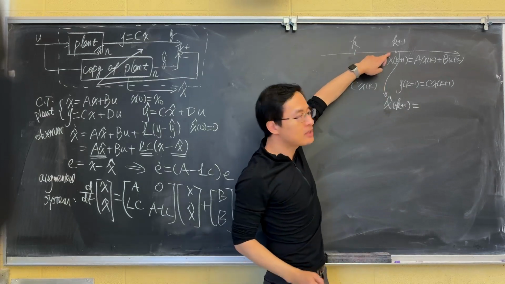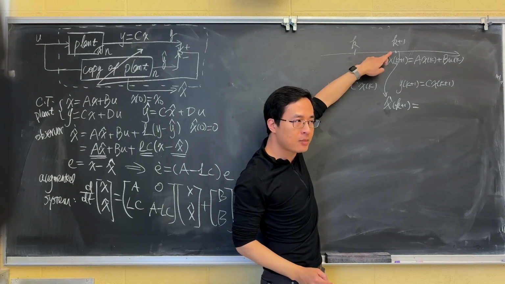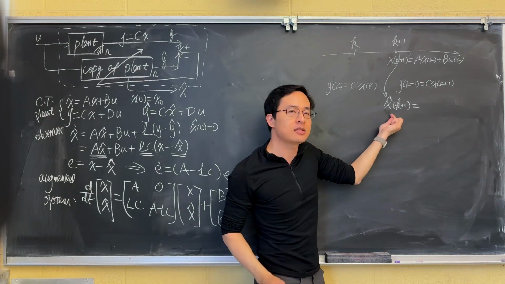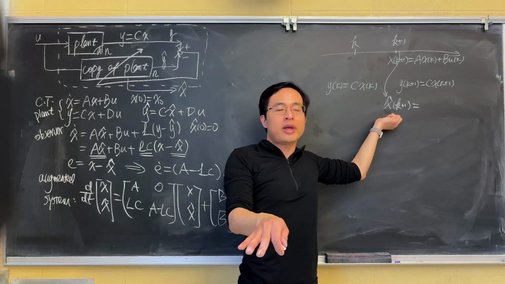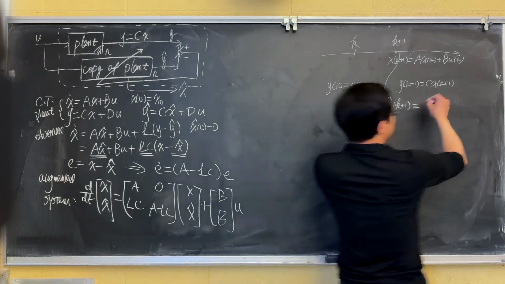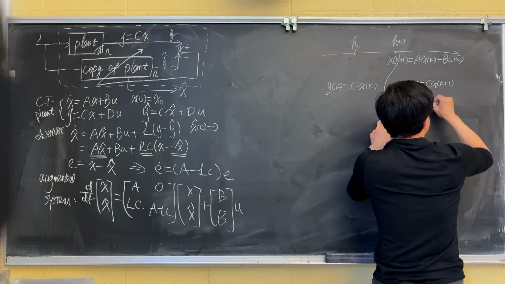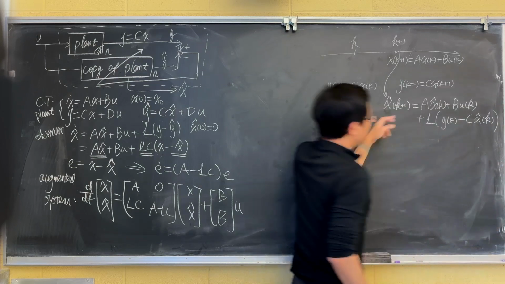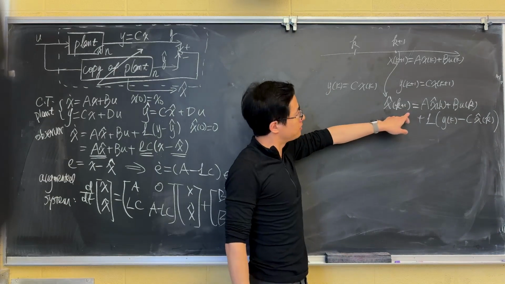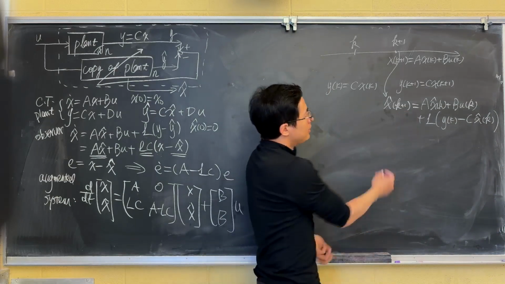Okay? So after this time, index k plus 1, I want to do this estimator. I want to estimate the state. Now, what we have so far is the basic design is this. This is what we have been using so far.